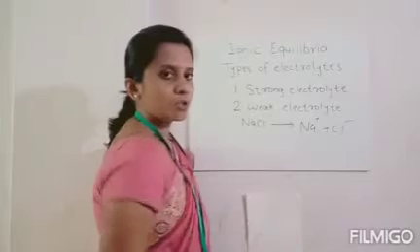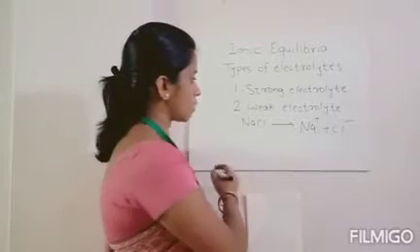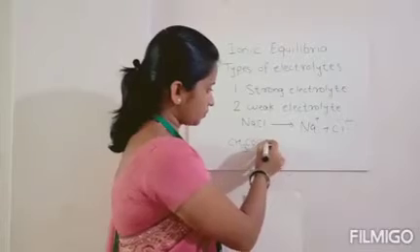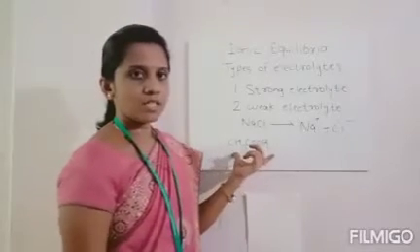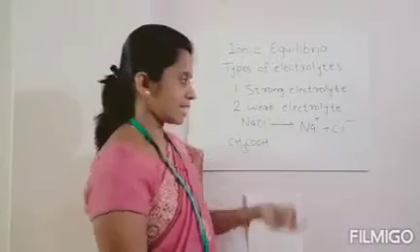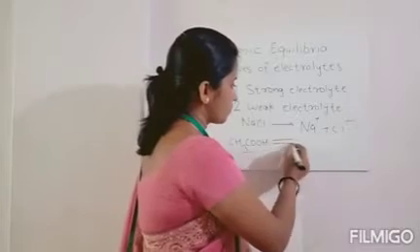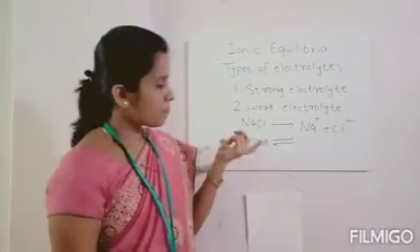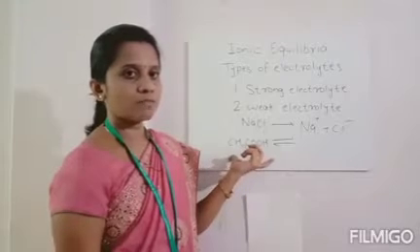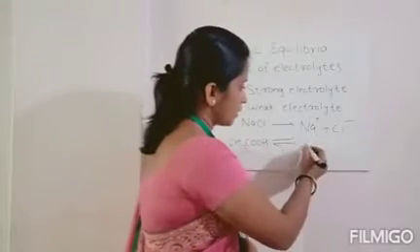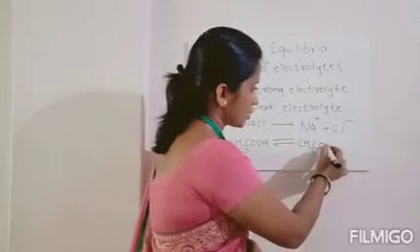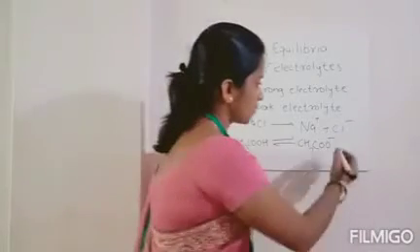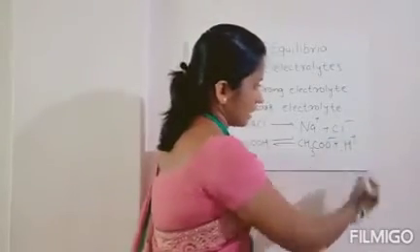And for weak electrolyte, we can take example of CH3COOH, that is acetic acid. It is a weak electrolyte, therefore partial dissociation of this takes place into CH3COO minus, that is acetate ions, plus H plus.